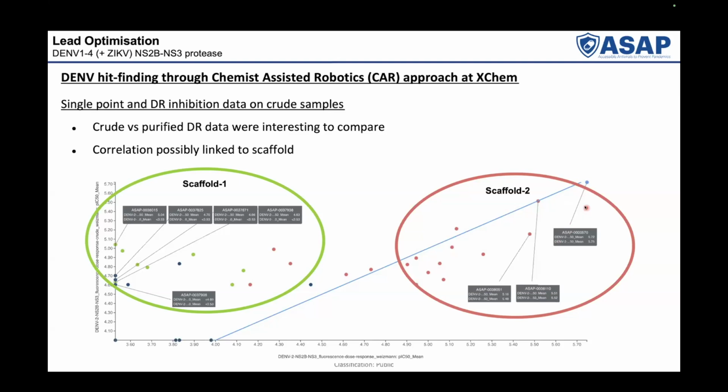That was for a particular scaffold, which seemed to show a very good correlation. With the other scaffold, the correlation was not the best. Something we need to look at is the impact of these different scaffolds on this correlation readout. But the correlation is not massively far off.